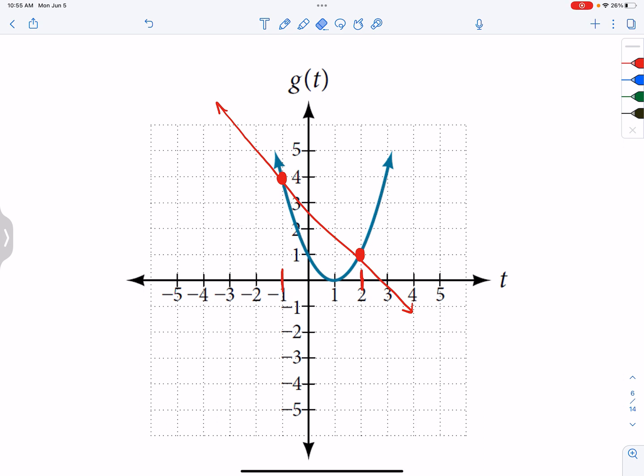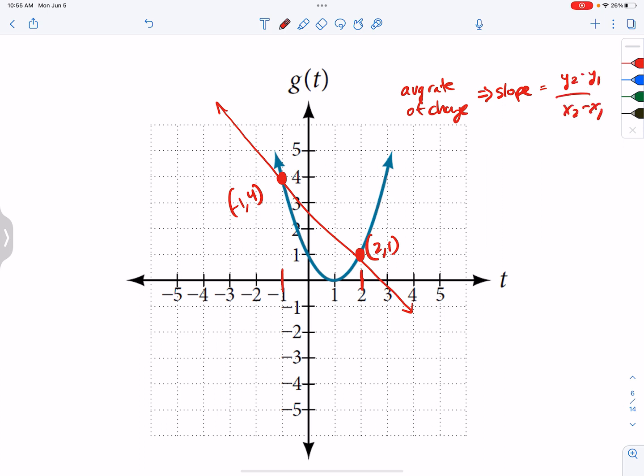The coordinates of the first point are -1, 4, and then 2, 1. So average rate of change is the same thing as asking, what's the slope between those 2 points? The slope equation we saw above is y2 minus y1 over x2 minus x1.